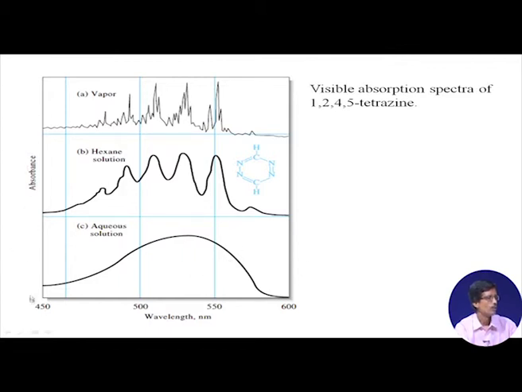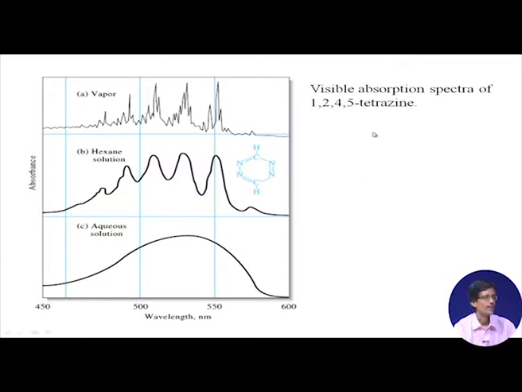When we plot this, this is the corresponding absorption spectrum of the tetrazine, and we get a broad lambda max. The maximum is in the range of 525, so midway is 525 to 530 nanometer.